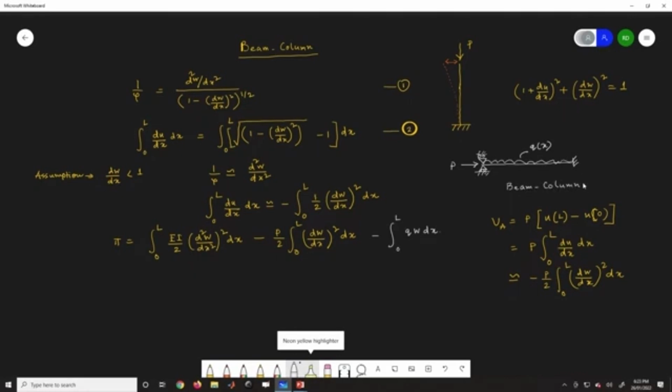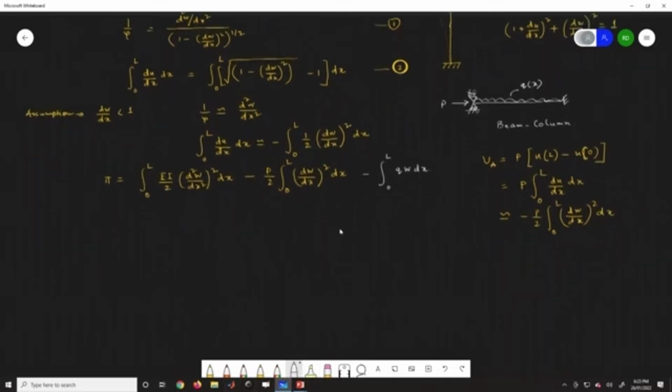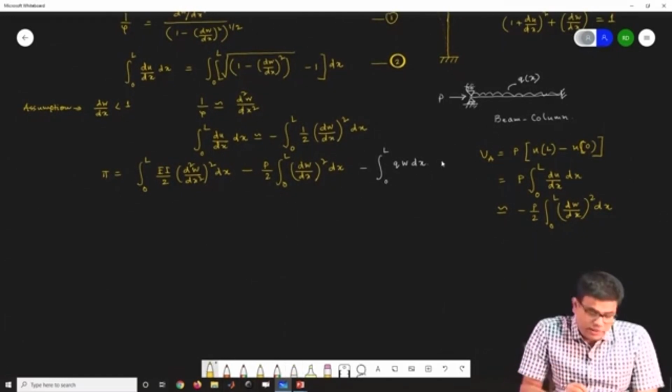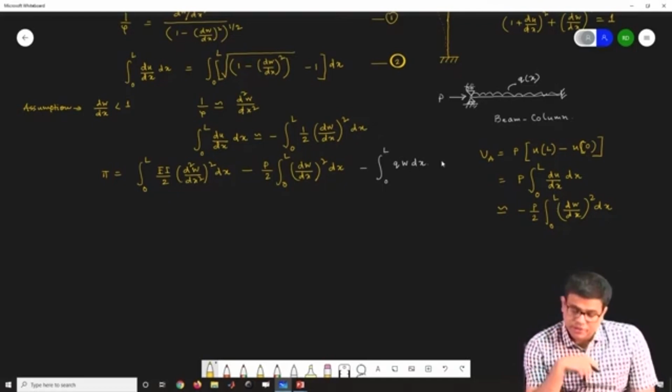Now, this is the total potential, but we are not interested in finding out the deformation of this kind of structure. Rather, we are interested in finding out the column buckling load. So, I will not consider this QW, as that is not the objective.